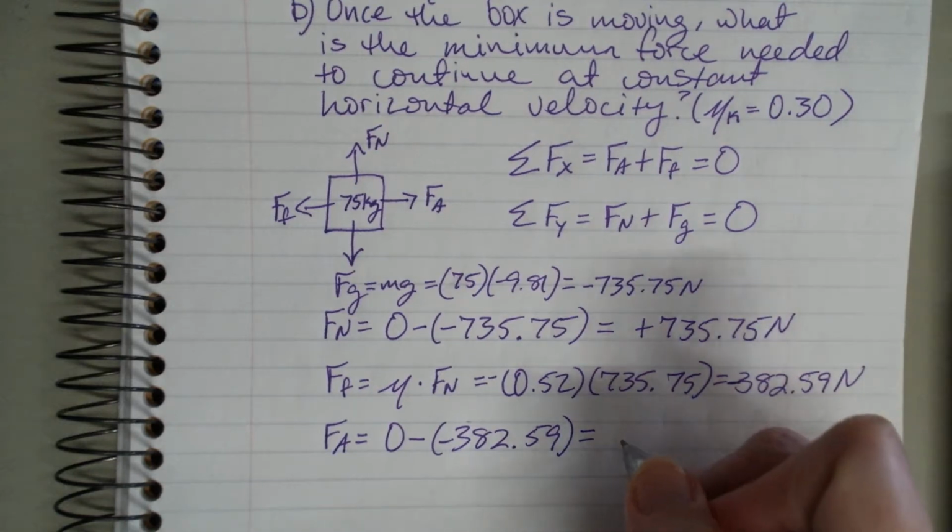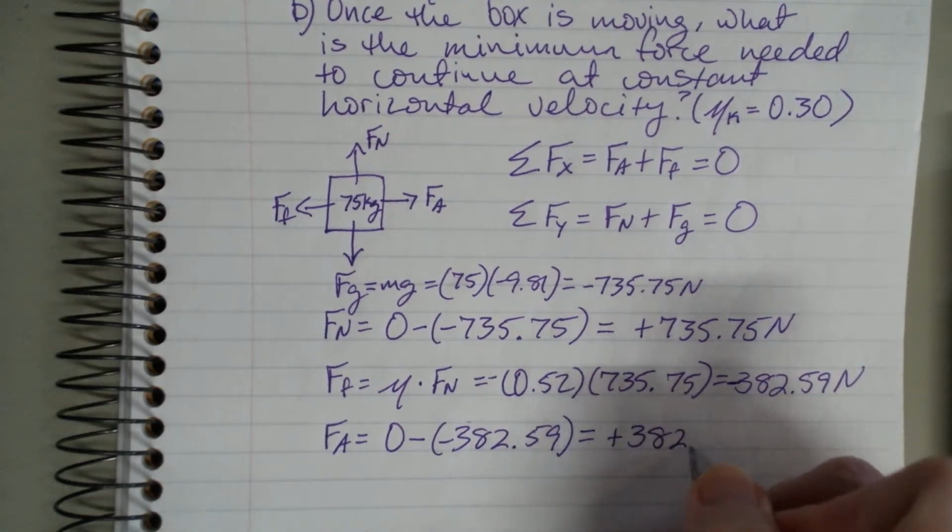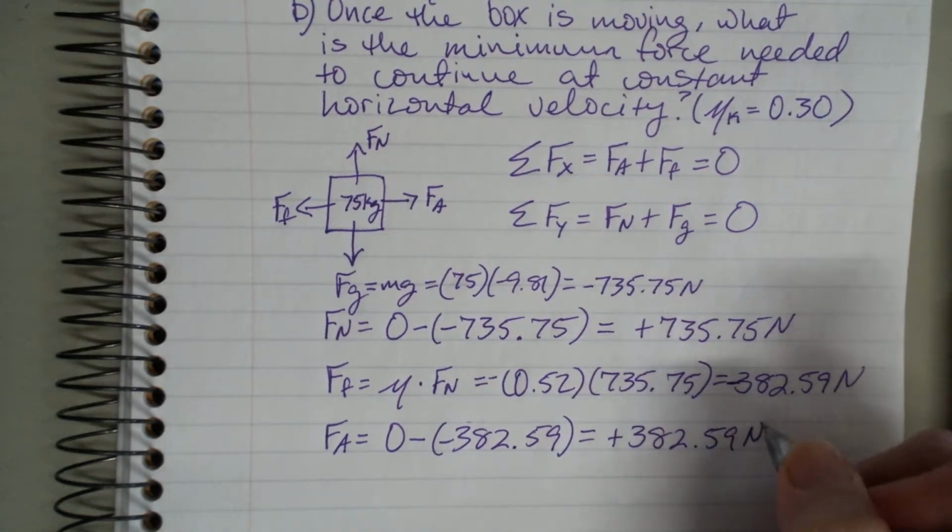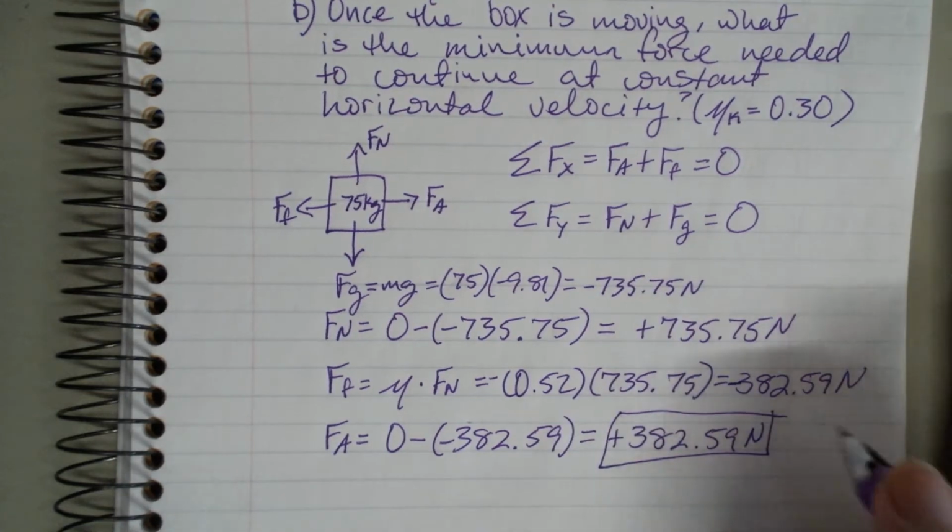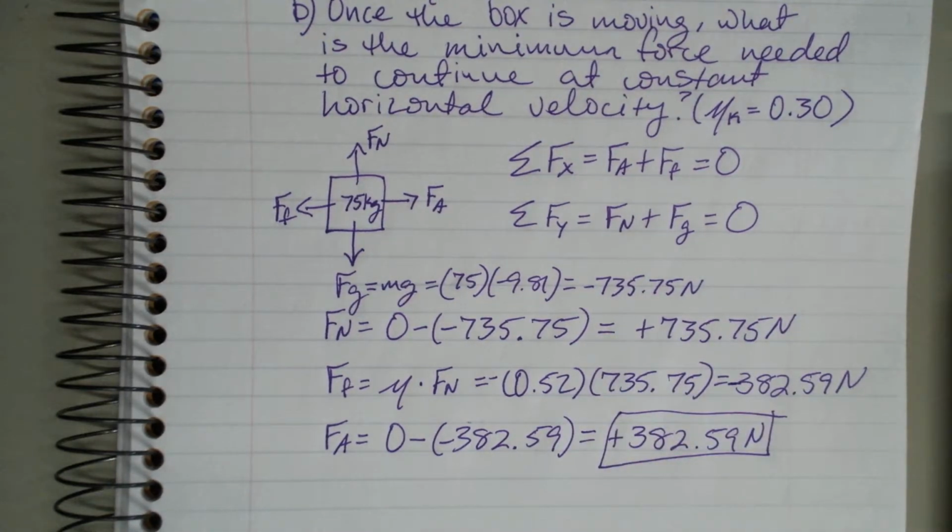So my force applied should be positive 382.59 newtons. That's the minimum amount of force required to get the box to start moving, because I'm working against static friction to get it to start to move.